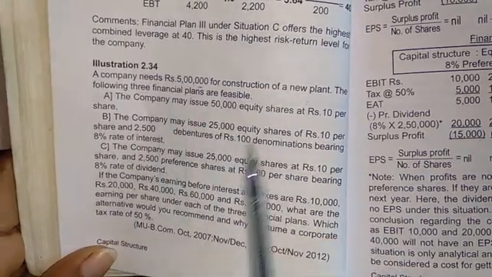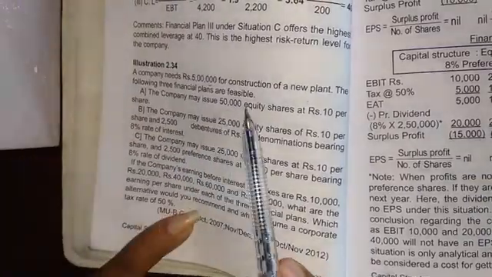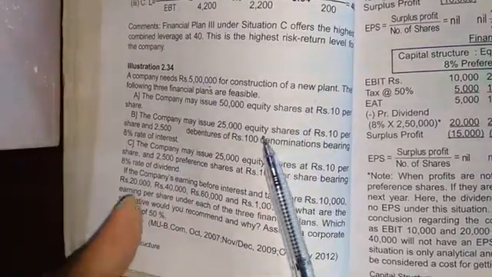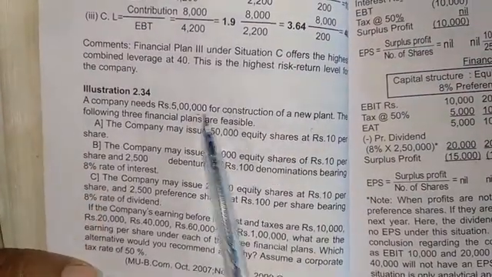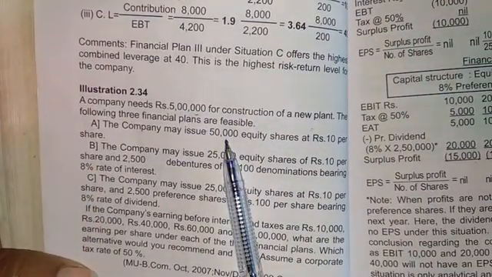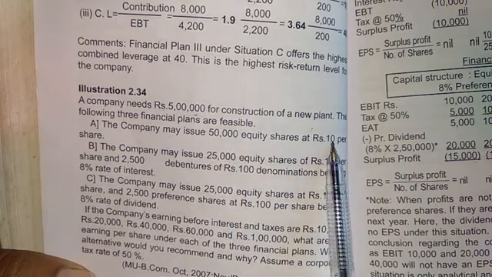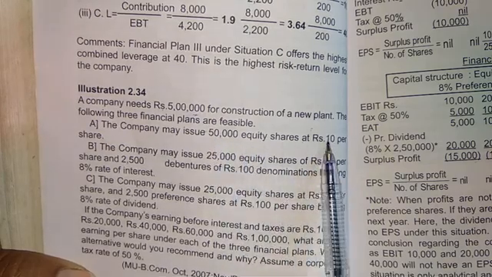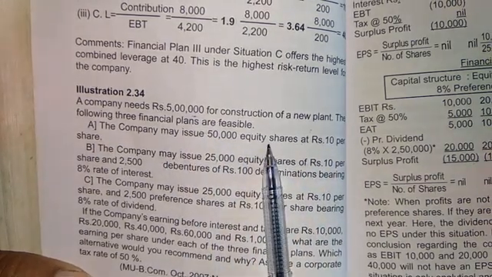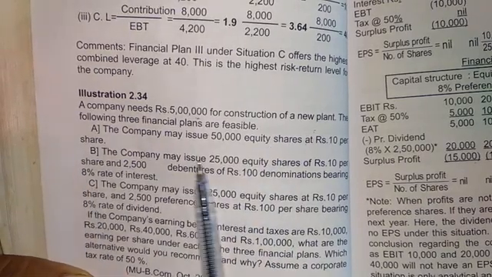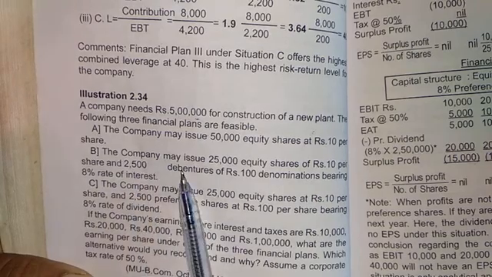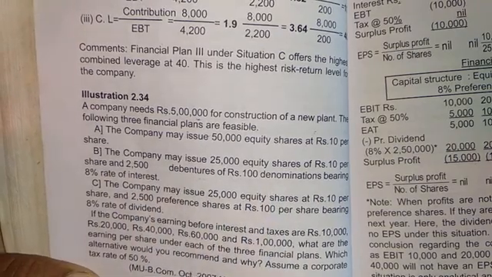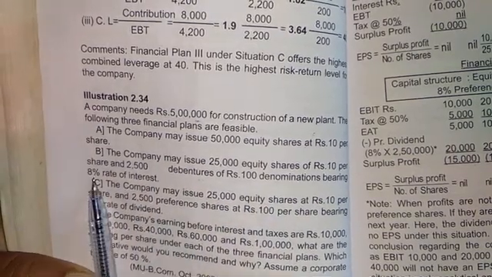The company may issue 50,000 equity shares of rupees 10 per share. So the entire 5 lakh can be raised by issuing equity shares of rupees 10 each. Alternatively, the company may issue 25,000 equity shares of rupees 10 per share and 2,500 debentures of 100 each, and the rate of interest is 8%.